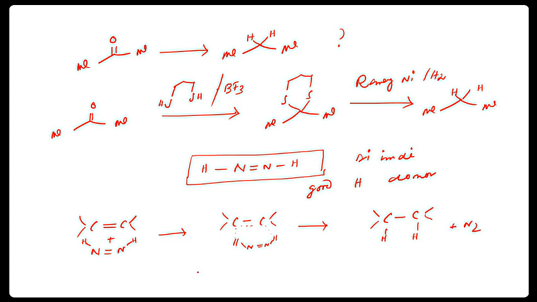Okay, so let us think. Basically, this diimide is a good hydrogen donor. Then, if this is given in presence of hydrogen, or NH2NH2, what we can write as H2O2, then what will happen?